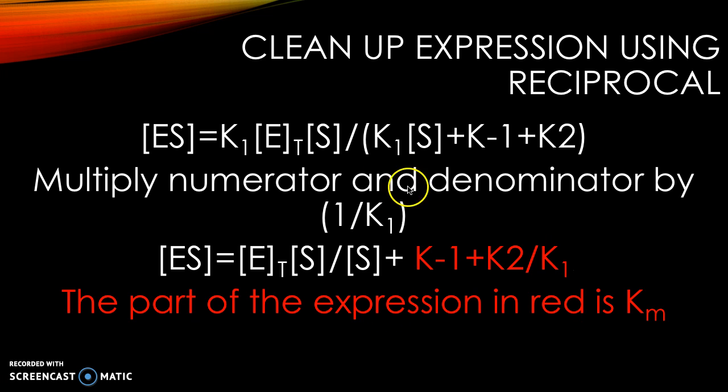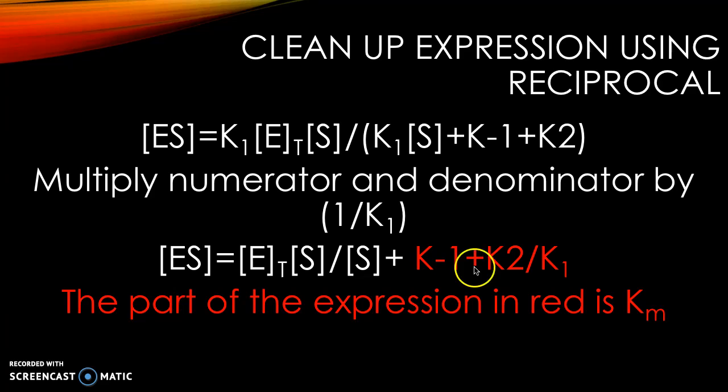We're going to multiply both the numerator and the denominator by 1 over K1, which leaves us with the resulting equation: the ES complex concentration equals the total enzyme concentration times substrate, divided by substrate concentration plus K-1 plus K2 over K1. This red expression here is the Km. And the Km is the Michaelis-Menten constant. This constant is unique to each enzyme, and it's independent of enzyme concentration. We'll talk a little bit more about Km once we get to Vmax and what its significance is.